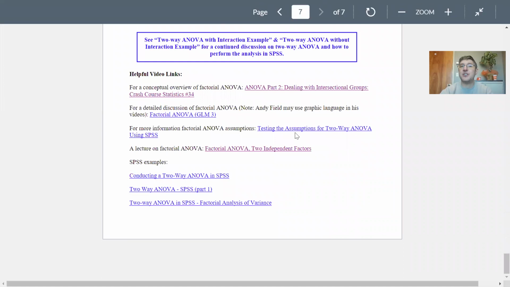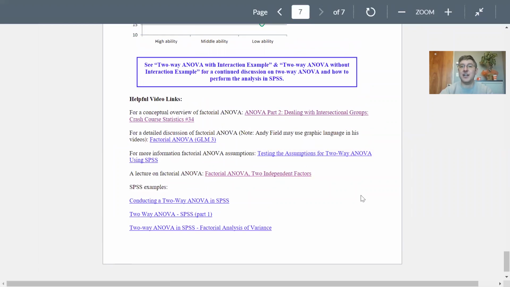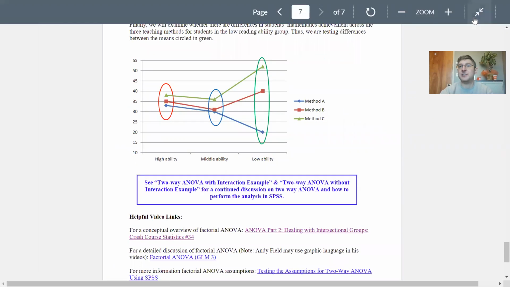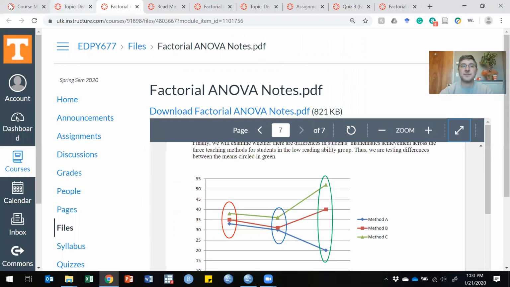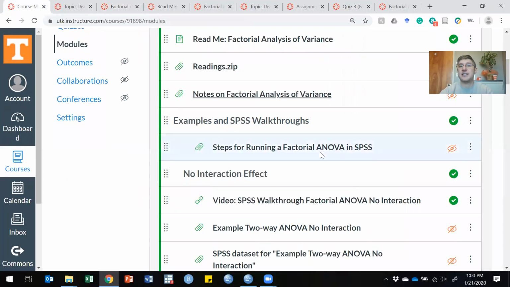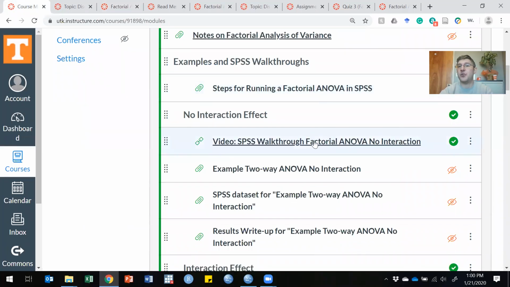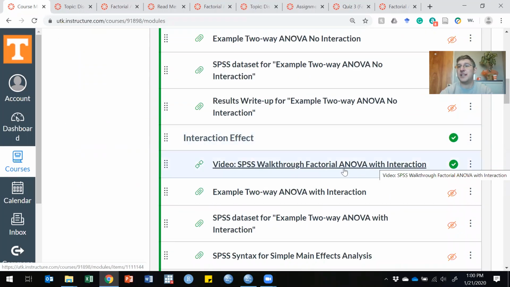Also linked in here are some other videos you might find helpful. They're all linked in the notes documents as well. And don't forget the video walkthroughs of Factorial ANOVA with no interaction and Factorial ANOVA with an interaction there too.